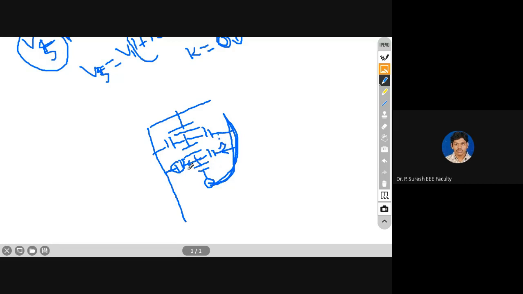Let us take this as Ix, this as Iy, and this as I. When Ix equals Iy, what is this current? I. So whatever the capacitance charging current here, that current is supplied by this guard ring.